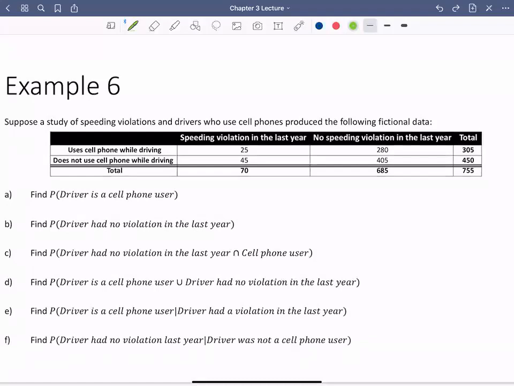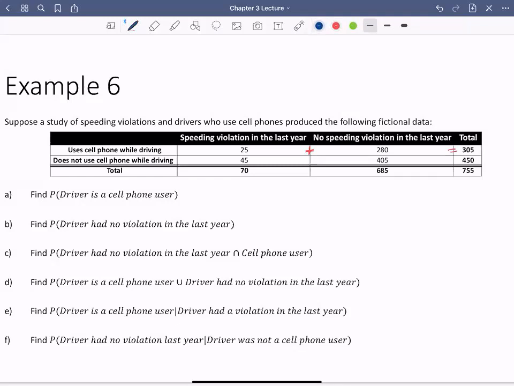It says, suppose a study of speeding violations and drivers who use cell phones produce the following fictional data. So drivers use cell phones when driving. Here's a 25, 280, and 305. You can see that if you take 25 plus 280, that equals 305.